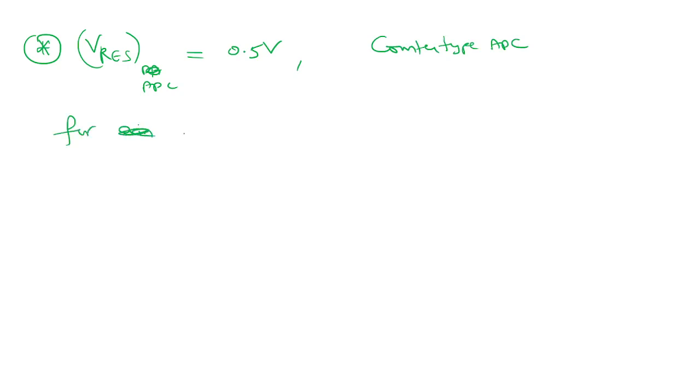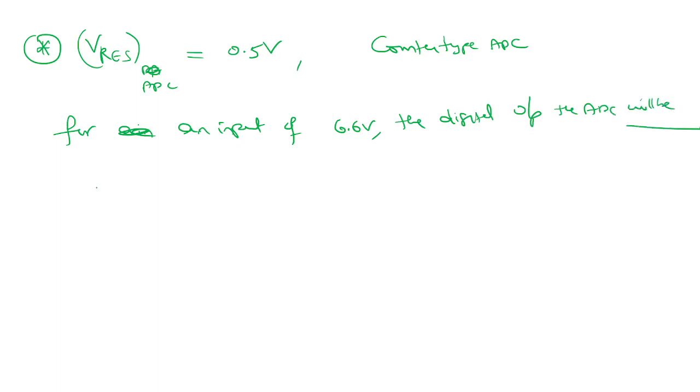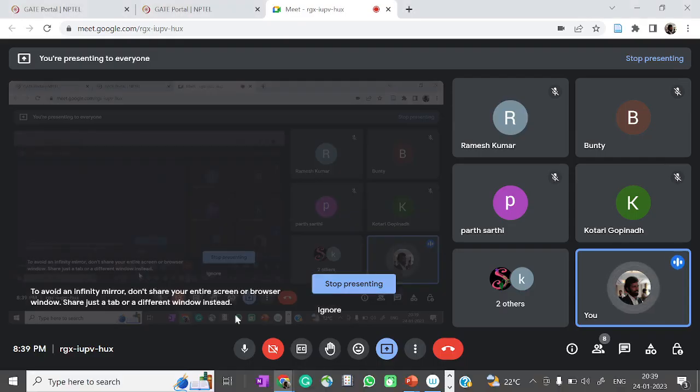For an input of 6.6 volt, the digital output of the ADC will be dash. Options: 1011, 1101, 1100, 1110. Okay, what's the answer for this?